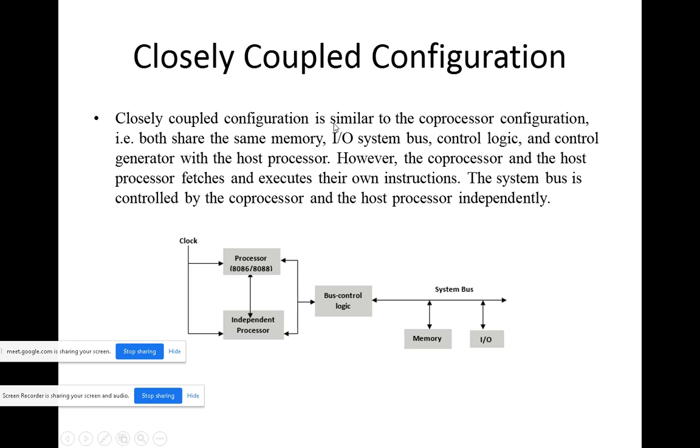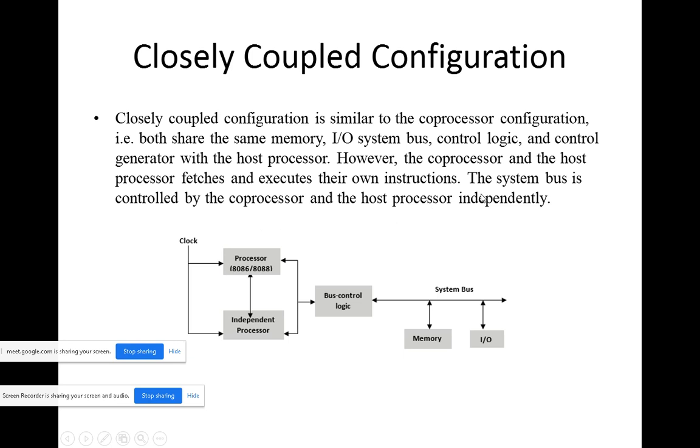So closely coupled configuration is similar to the co-processor configuration, in that both share the same memory, input output system bus, control logic and control generator with the host processor. However, the core processor and the host processor fetch and execute their own instructions. The system bus is controlled by the core processor and the host processor independently.